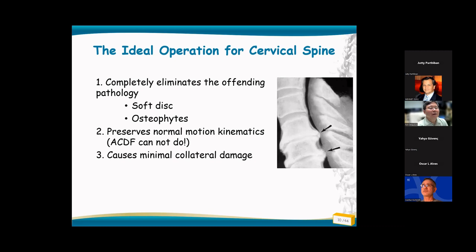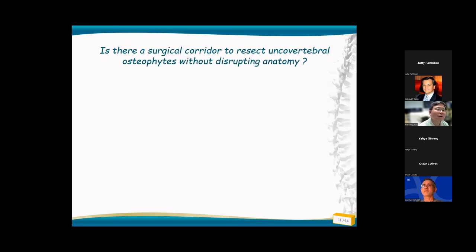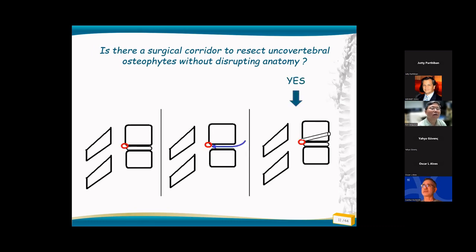If you make a fusion, you alter the motion kinematics, of course. So in principle, ACDF cannot be an ideal operation. Also the surgery should cause minimal collateral damage. So the question is: is there a surgical corridor to resect uncovertebral osteophytes without disrupting anatomy?